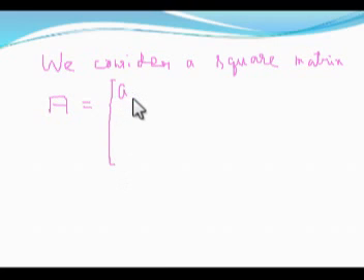A11, A12, and the last element of the first row will be A1n. Then the second row will be A21, A22, and the last element will be A2n.